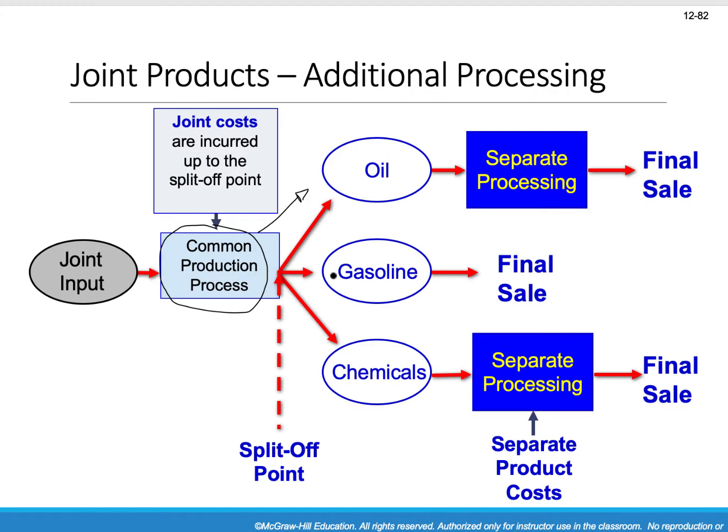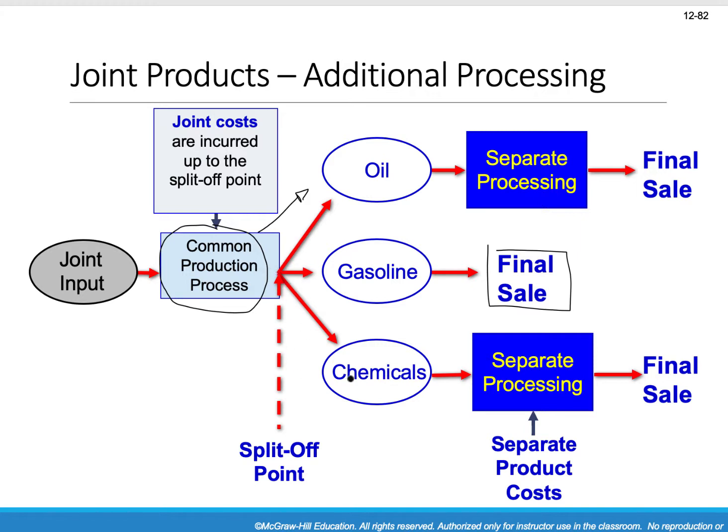The same thing with gasoline. We don't have to process further from the crude oil to the gasoline. There's no further processing, we can just go ahead and make the sale. Same thing with the chemicals. Up to this point, we incurred all these costs, and we could get one of three products.